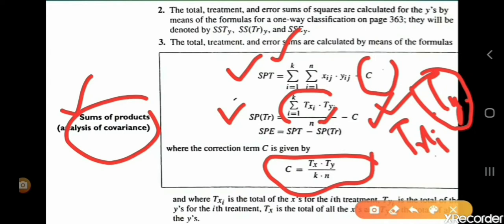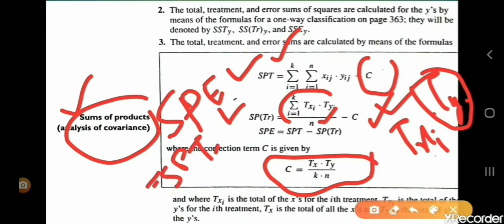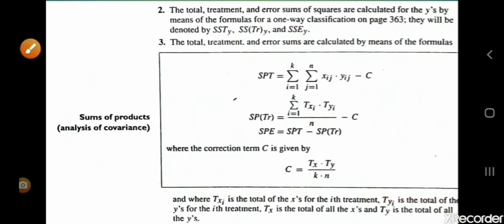Similarly, the sum of products for error will be the total sum of products minus the treatment sum of products. We can also calculate the error sum of products directly.